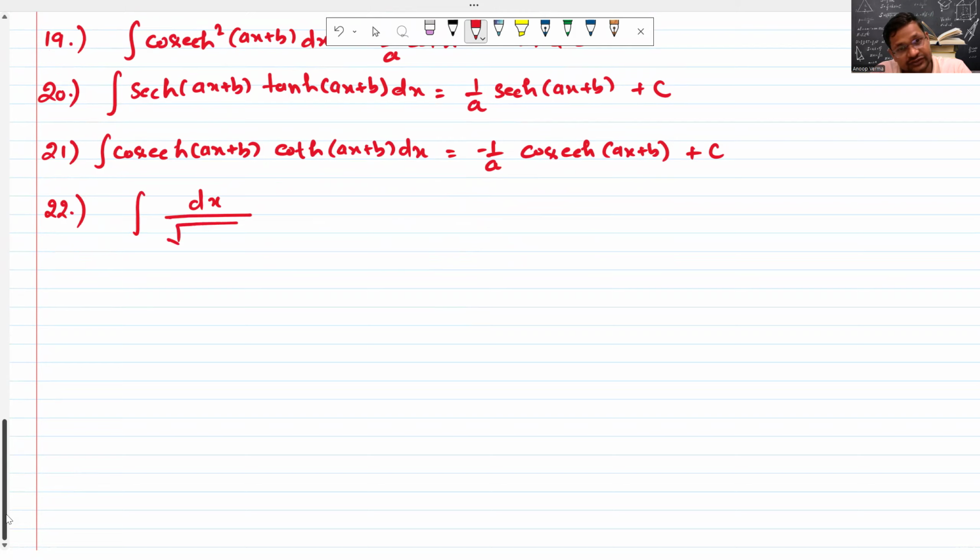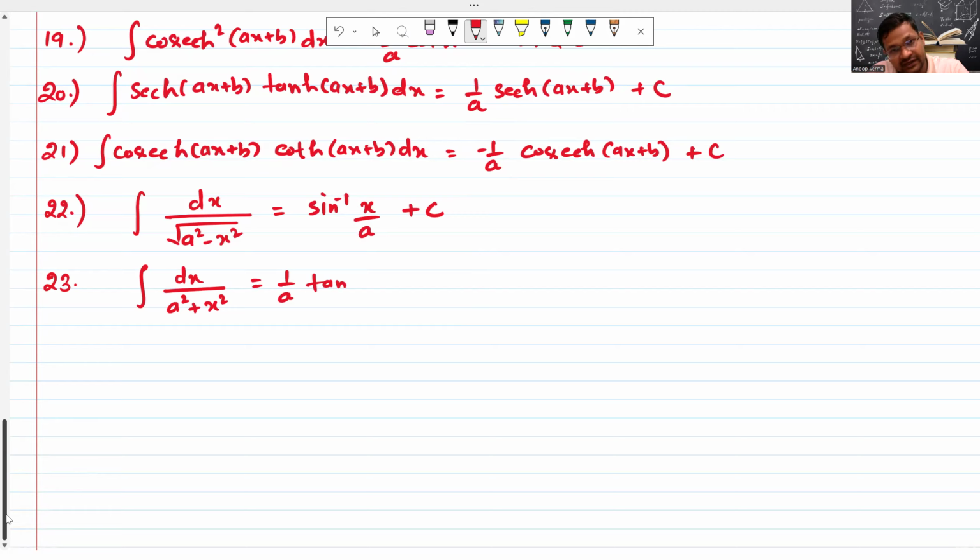The integration of 1 upon root of a square minus x square dx is equal to, because we know that the derivative of sine inverse x is 1 upon root of 1 minus x square, in the similar way the integration will equal sine inverse of x upon a plus some constant. The 23rd is the integration of dx upon a square plus x square, which is equal to 1 upon a tan inverse of x upon a plus c.